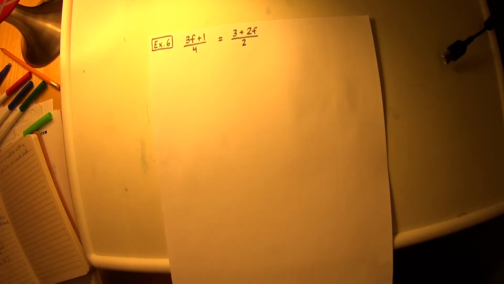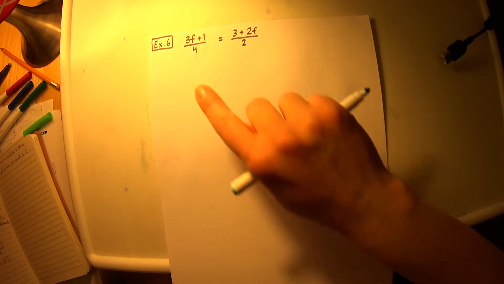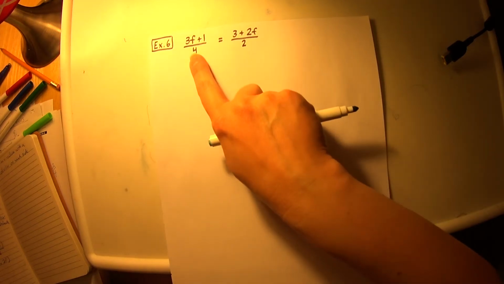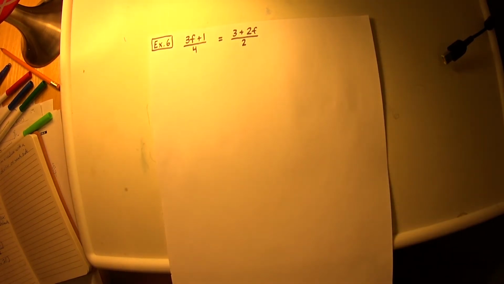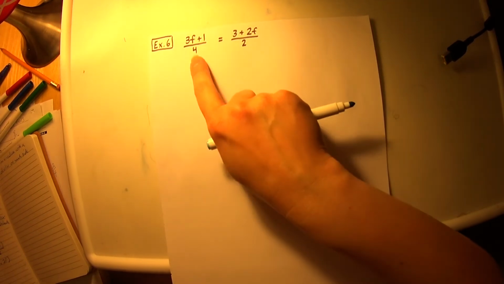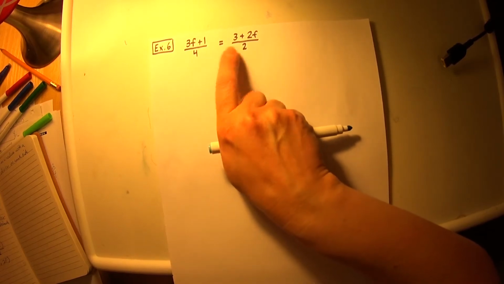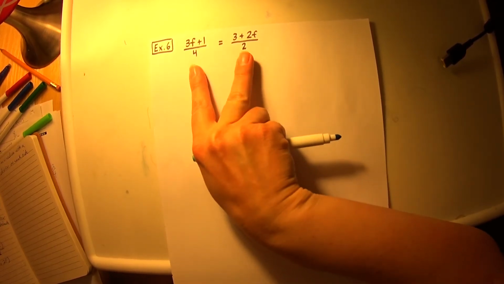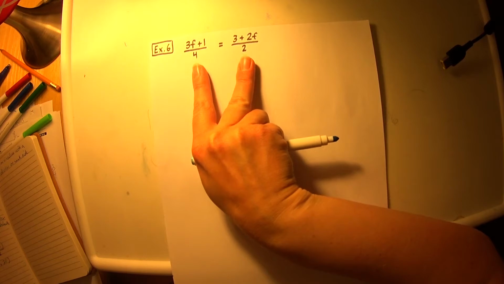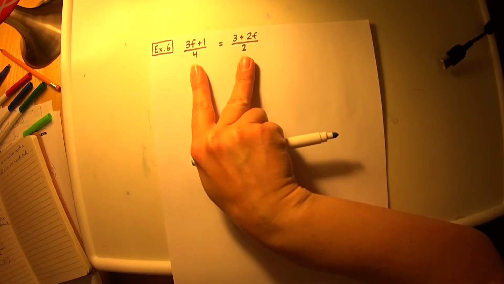The best way to get rid of the divisor, because we have a single divisor on each side of the equal sign, is to use the lowest common multiple of the two divisors. The lowest common multiple of 2 and 4 would be 4.